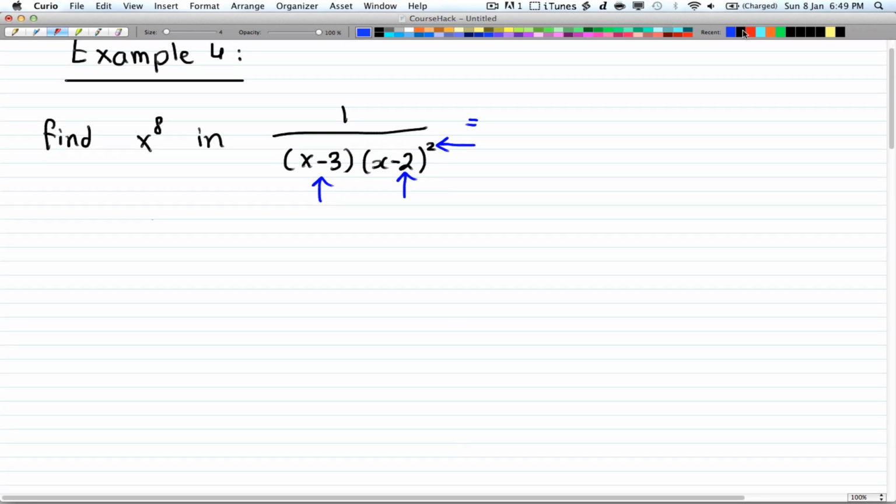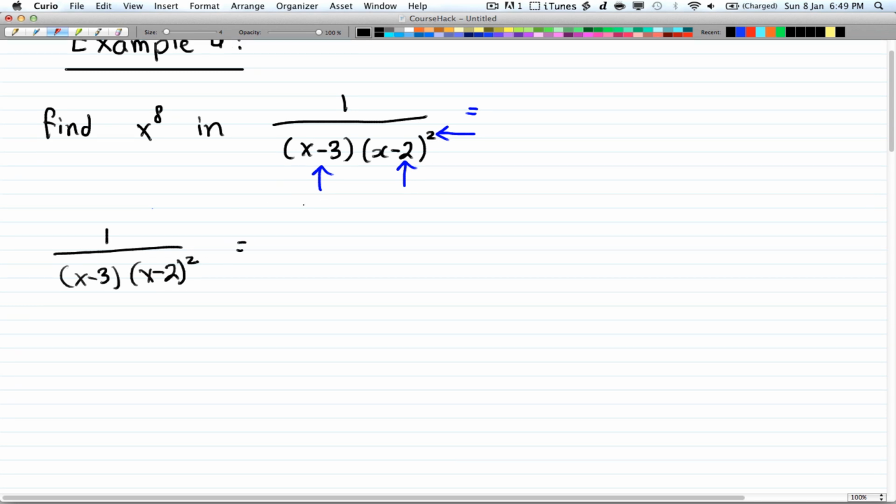So the way to do this is, if you have 1 over x minus 3, x minus 2 squared, that will be equal to, the first thing you want to do is identify your roots. So in this case, you have x minus 3, x minus 2, and x minus 2 squared.